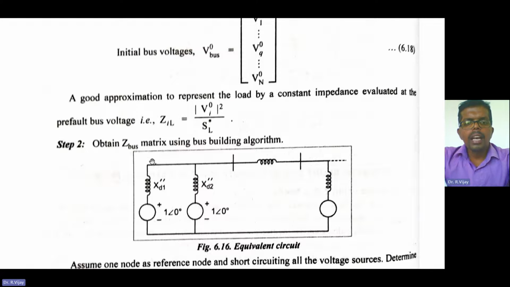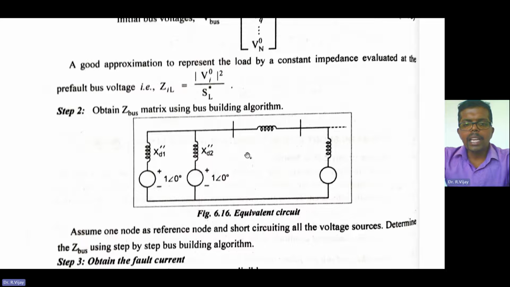So here we obtain the Zbus matrix using the bus building algorithm, and we also need to draw the equivalent circuit with all the reactances. In the last class we saw fault analysis, and we solved one problem there.